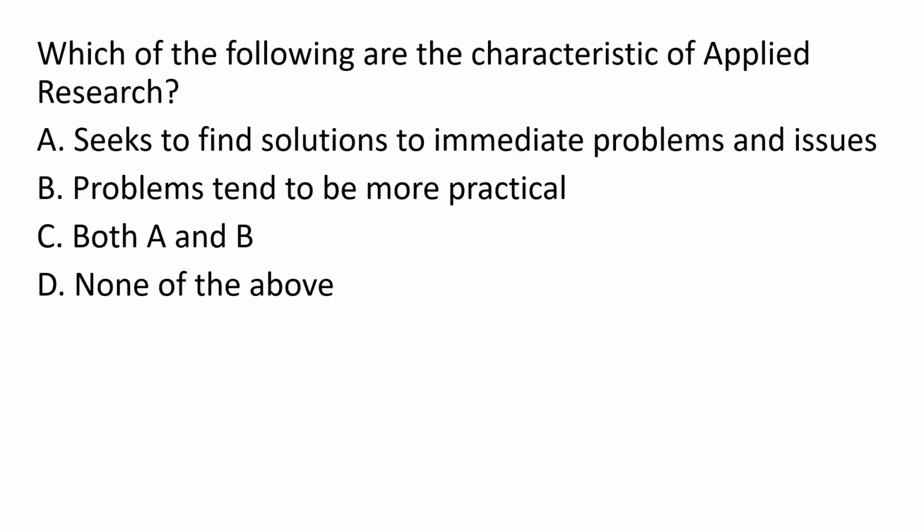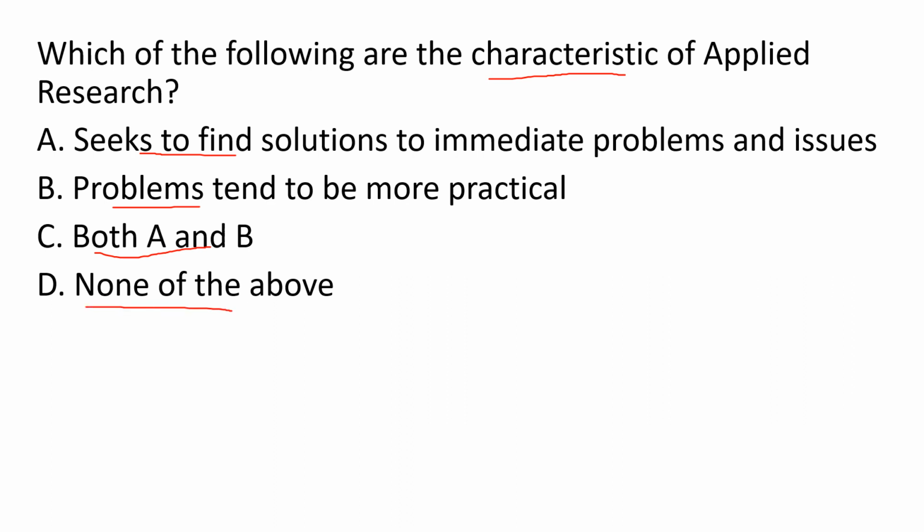Which of the following are the characteristics of applied research? So here in this question they ask you the characteristics of applied research. The first option is seek to find a solution to immediate problems and issues. Second one is problems tend to be more practical. Third one is both A and B and the last one is none of the above.